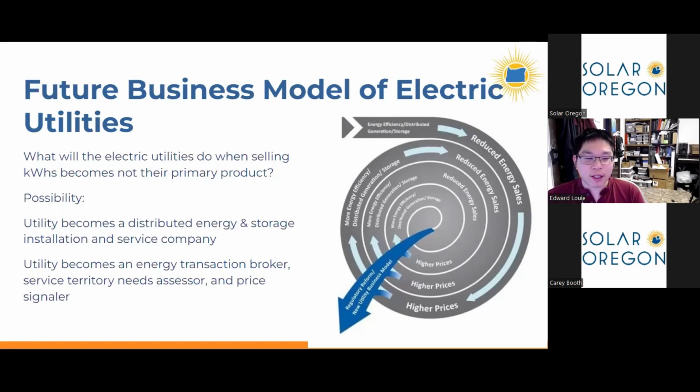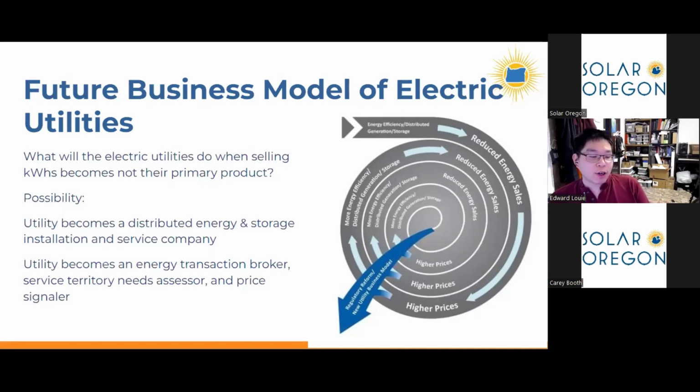They've even coined terms like the utility death spiral, where if more and more people go solar, then the electric utility eventually goes bankrupt. So some utilities are very concerned about this, and I keep trying to tell people that this is not a big concern.